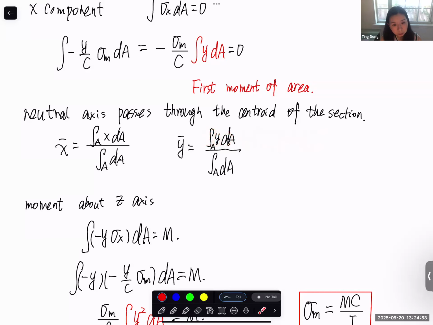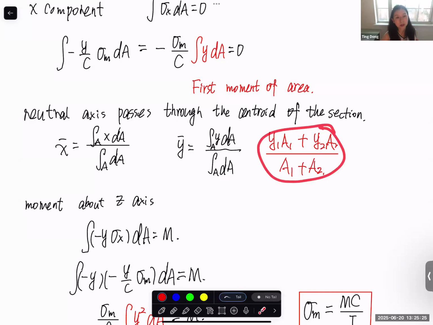In our example, we only have 2 areas. So it's y1 times A1 plus y2 times A2, divided by the entire area of the cross section, so it becomes A1 plus A2.